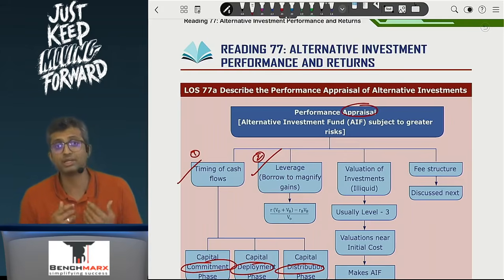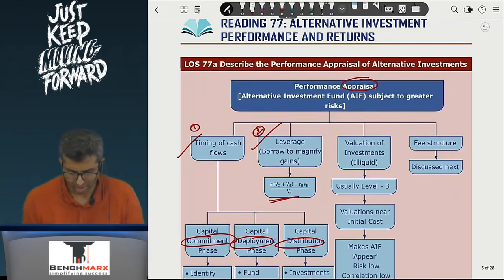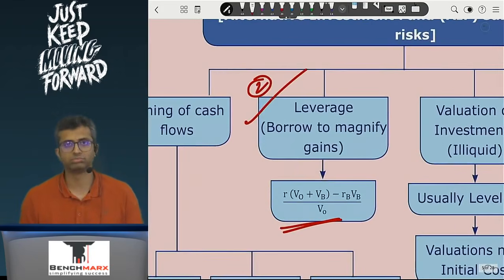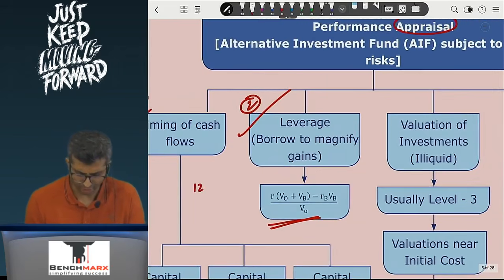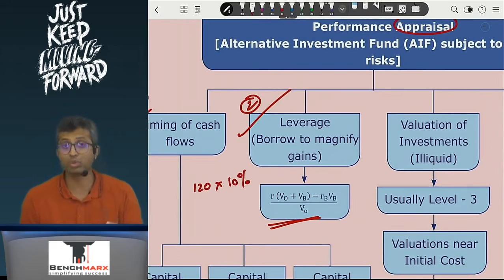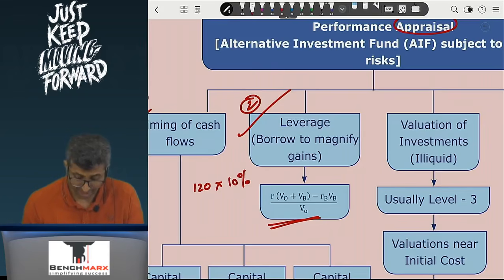So this leverage magnifies the return. And how will you calculate the return in case of leverage? For example, if I had 120 invested in a company X which gave a 10% return, my return will be 120 into 10% minus 20 rupees which I've shorted.